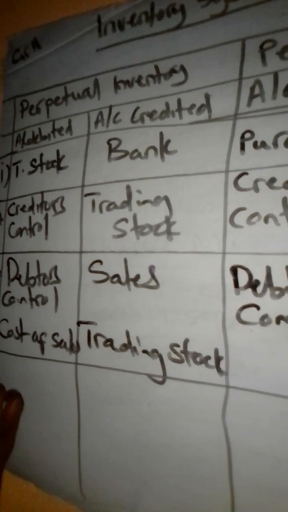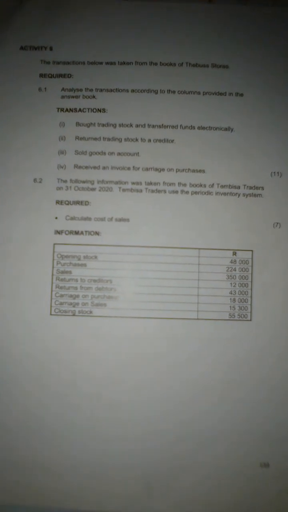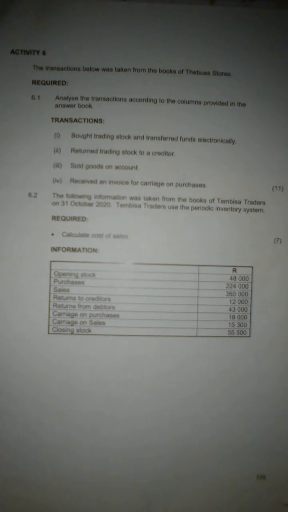Okay, fine. Let's look at the last entry that we have. We received an invoice for carriage on purchases. We received an invoice, and an invoice indicates a credit transaction. We purchased, and for the transportation we received an invoice.